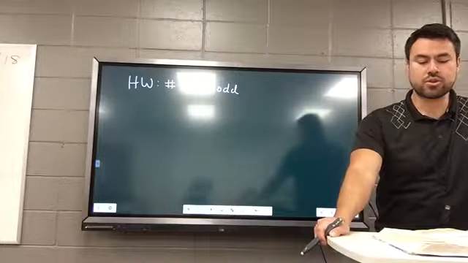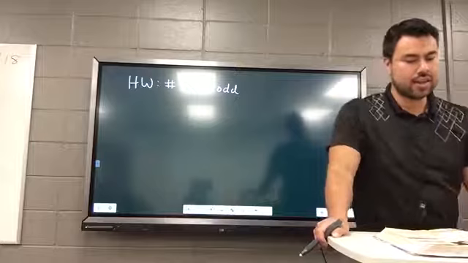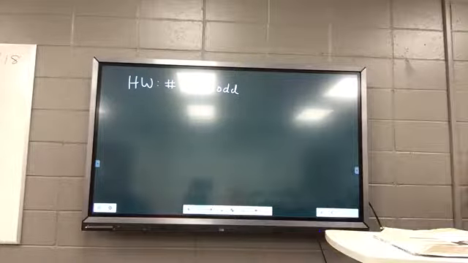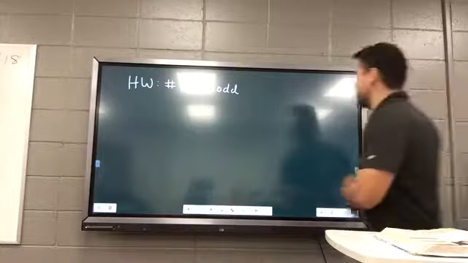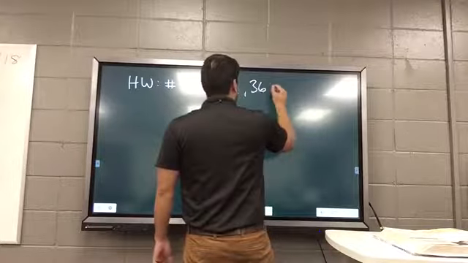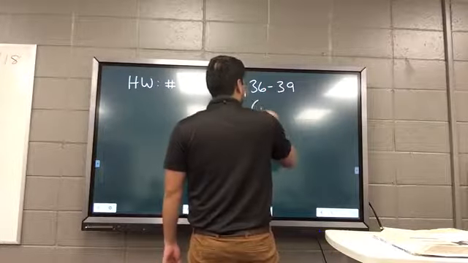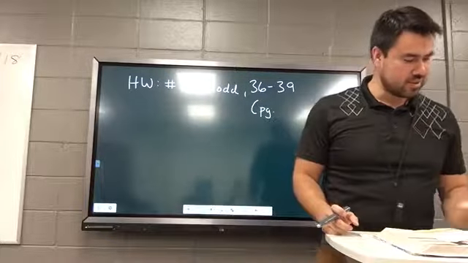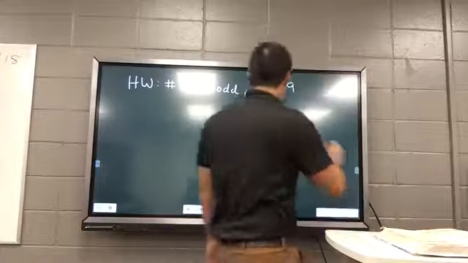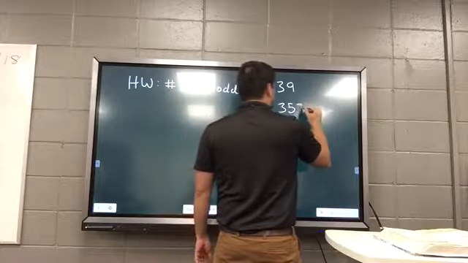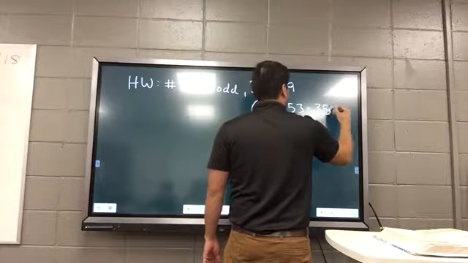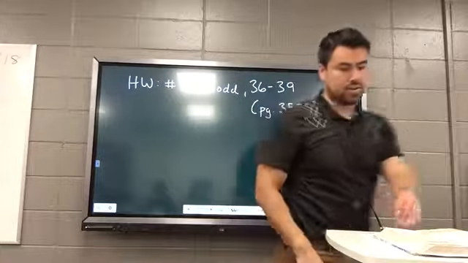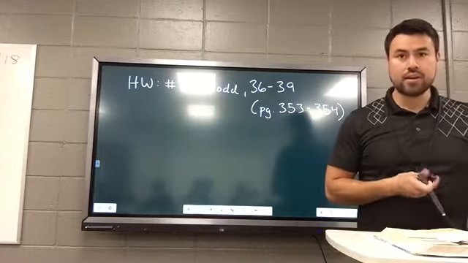Start on number 13 to 27, odd, and then 36 to 39. That's pages 353 to 350. Okay. Bye-bye, Swivl.